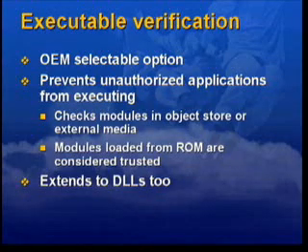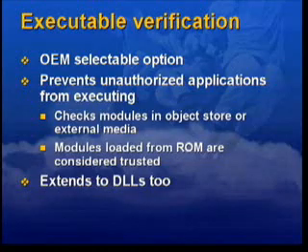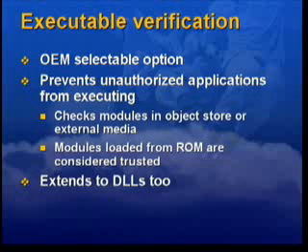By this feature, OEMs can specify which EXEs and DLLs will execute on their devices. They sign the EXEs, and when the kernel tries to load a particular EXE or DLL, the signature will be checked by some OEM code, and the OEM will make the decision whether to load that application or not.